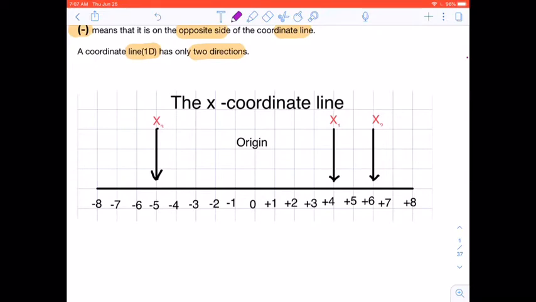So here we have a coordinate line, and that is our origin. So we have this side, we have this side, and we have this side.